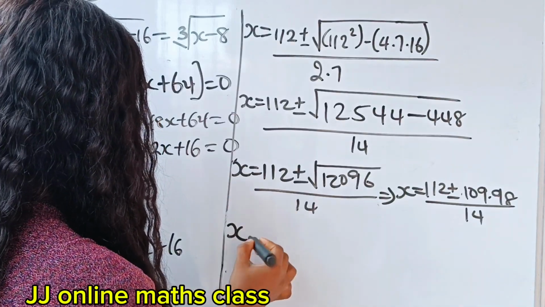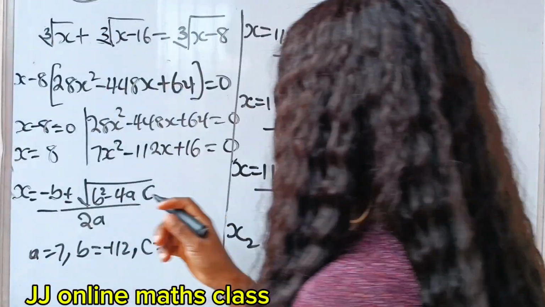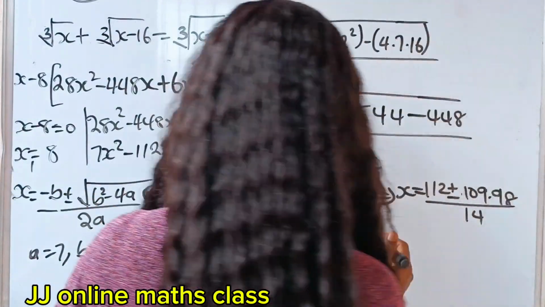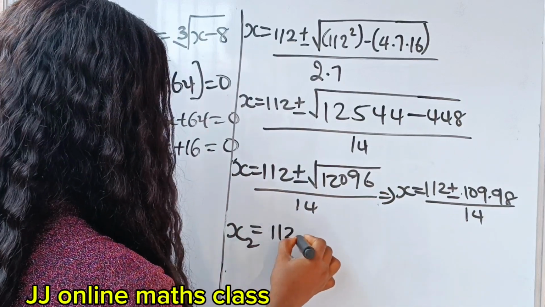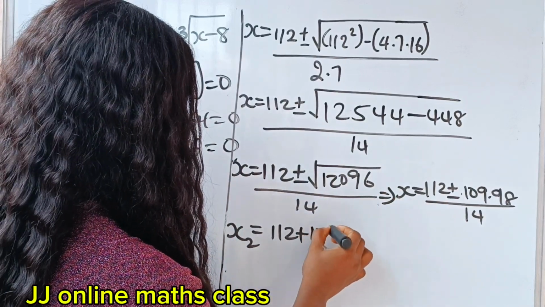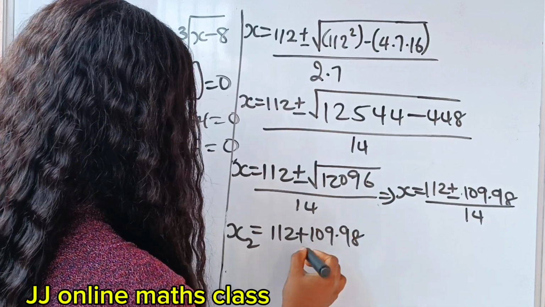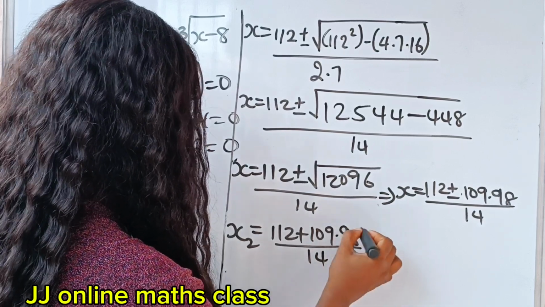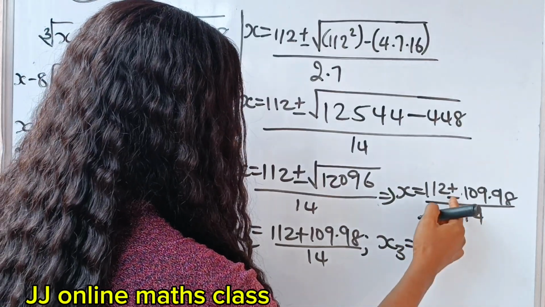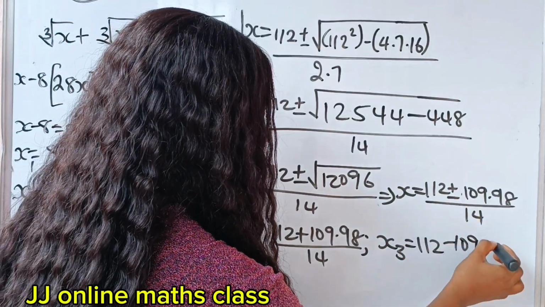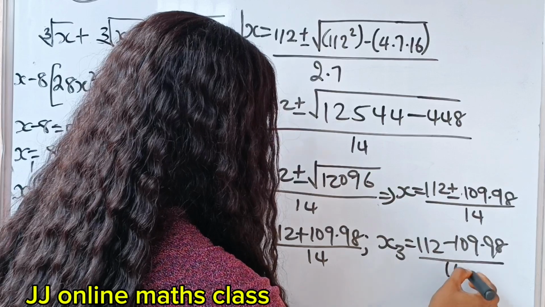The first value, let's call it x2, because we have already found our x1, right? So let's call it x2. That means x2 will be 112 plus 109.98, divided by 14, and our x3 will be equal to 112 minus 109.98 divided by 14.